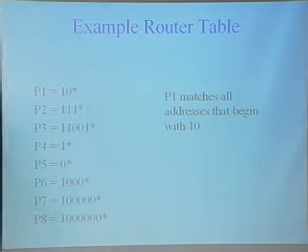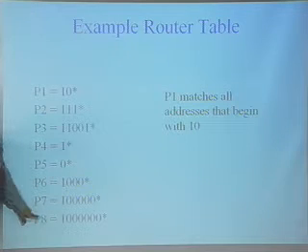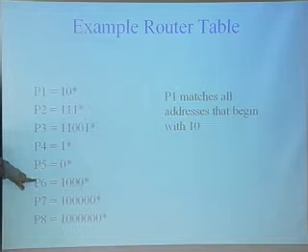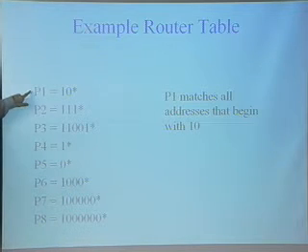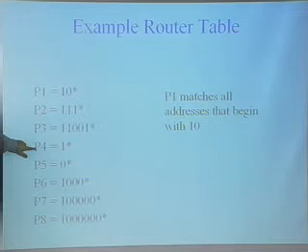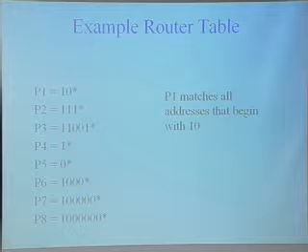And that's the same as the most specific rule, because the addresses matched by P8 are a subset of those matched by P7, which are a subset of those matched by P6, which are a subset of those matched by P1, which are a subset of those matched by P4. So the longest matching prefix is really the most specific rule translated into the prefix domain.